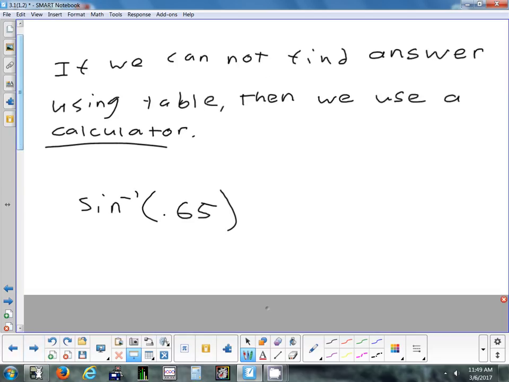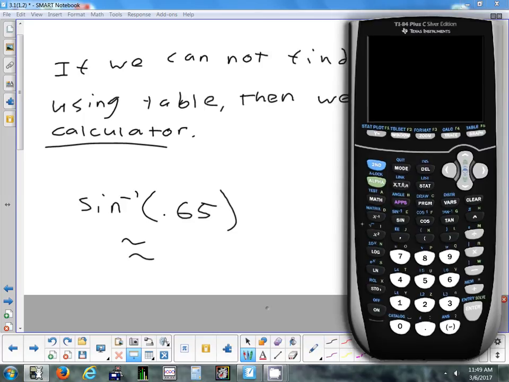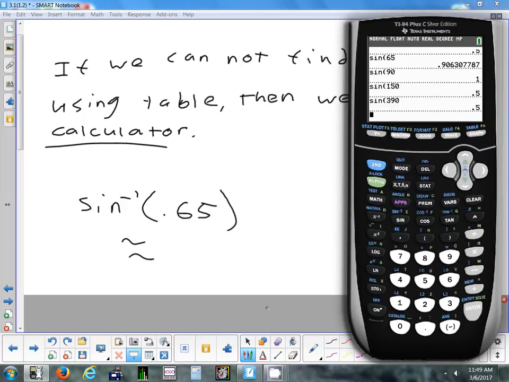Every calculator is a little bit different with how you type it in. The best way to type it in, if your calculator works this way, is you type it in exactly in the order you see it on paper. You've got to get to these blue functions. Anybody know how you get to the blue functions that you have to press?